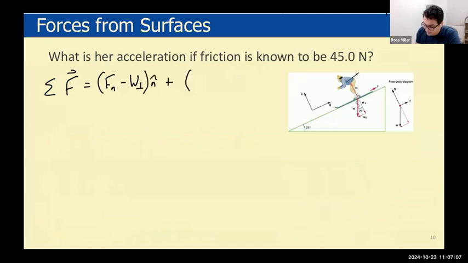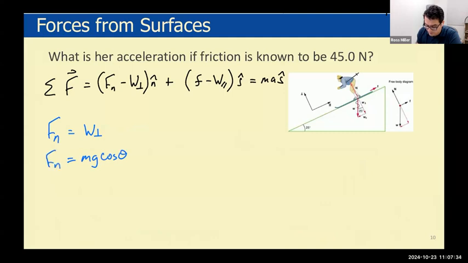And then I have friction minus weight parallel s hat, and that equals ma s hat. So I still have the same thing. I have Fn equals that perpendicular component, so it's still mg cosine theta. So it's still what I had before. Okay, perfect.